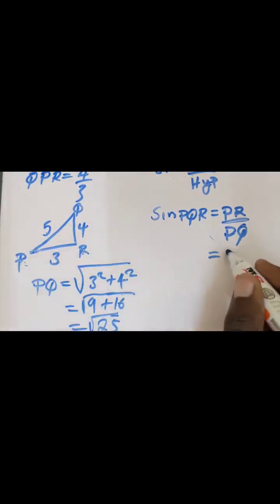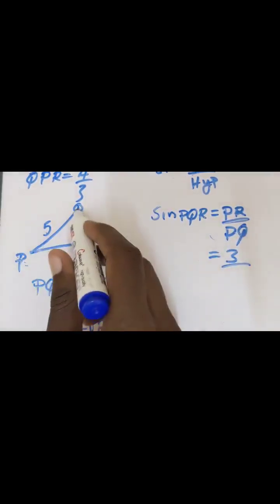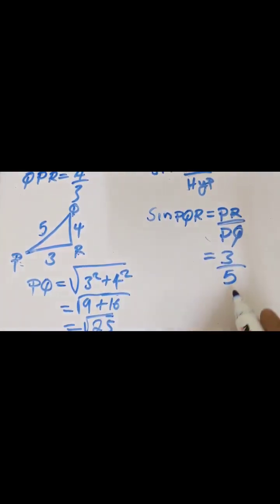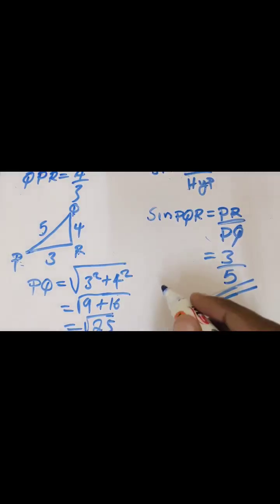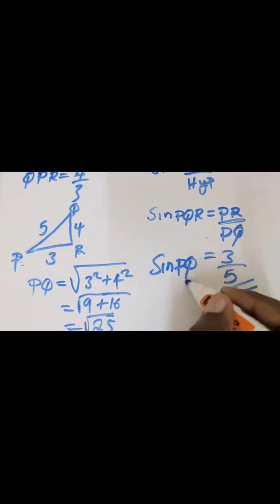So we put 3 over PQ, and PQ is 5. If there was something to divide, you would have divided, but there isn't. That is the answer. That is how you find sine PQR.